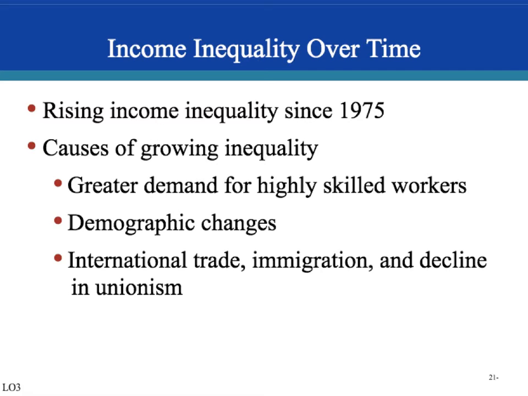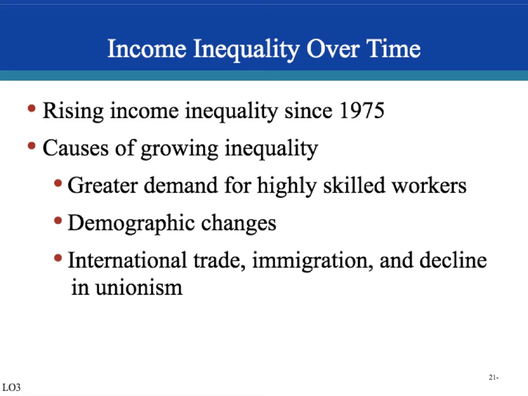And service jobs tend to pay more than manufacturing jobs and agricultural jobs. So, accountants, lawyers, doctors make more, for example, than machinists. And so as our economy has moved towards more service-oriented work, there's been a greater demand for highly skilled workers that have degrees, for example, in training.